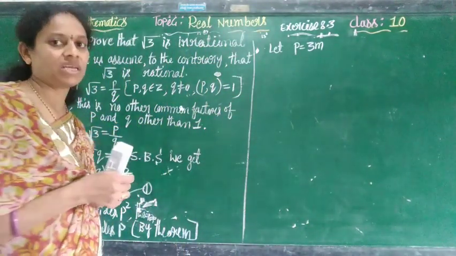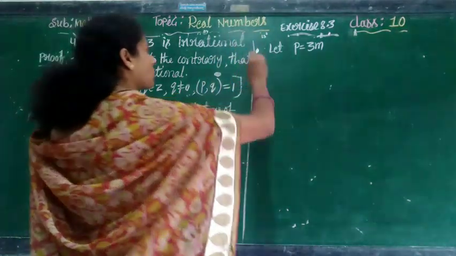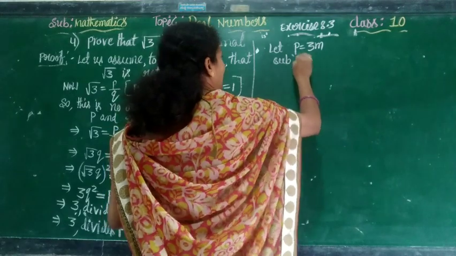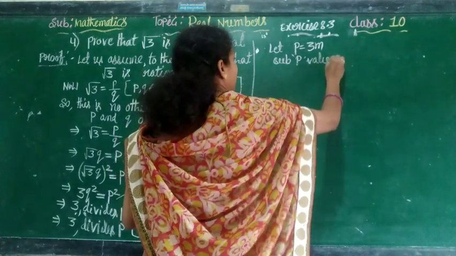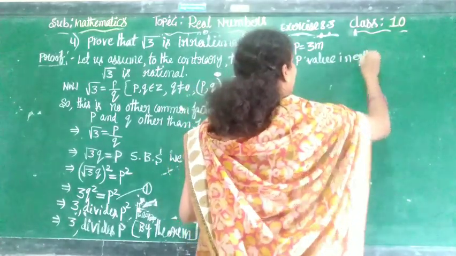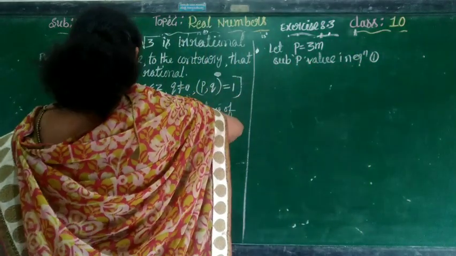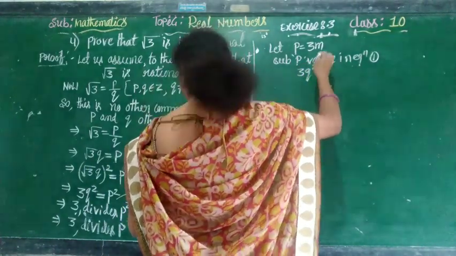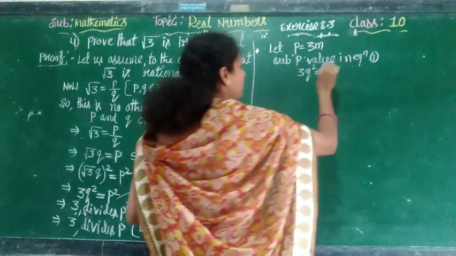We take p is equal to 3m and substitute the p value in equation 1.